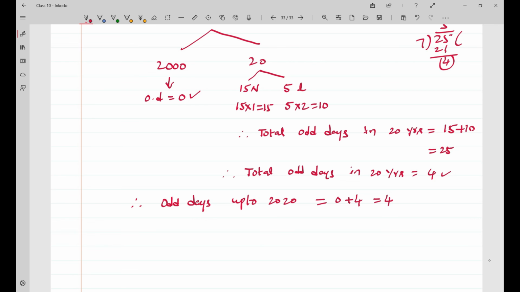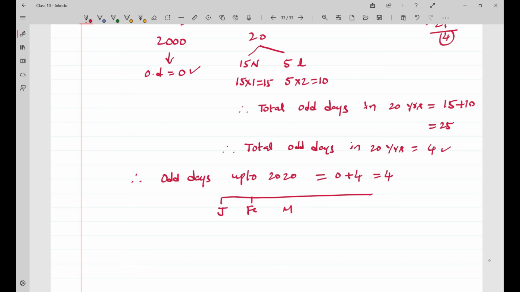Now let's come to the month. What is the given month here? 9th Jan. Feb, March, there is no need to take. They gave till 9th Jan only. So 9 days are left. So we can find out the odd days. Therefore odd days for 9 days of Jan is equal to 9 divided by 7, 7 1 is 7, we get remainder 2, so odd days will be equal to 2.